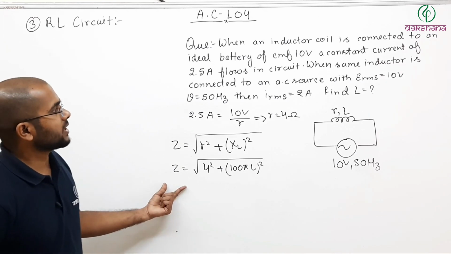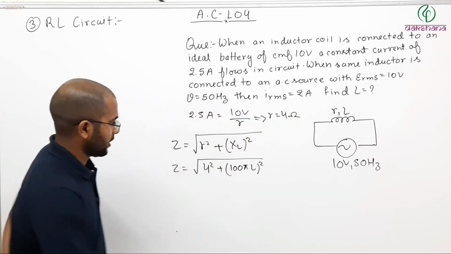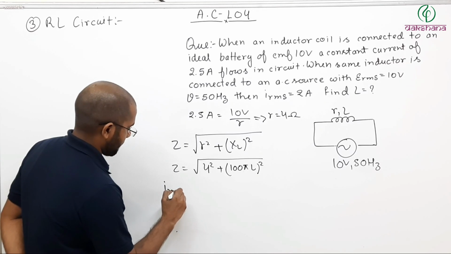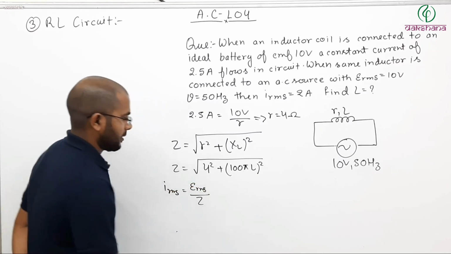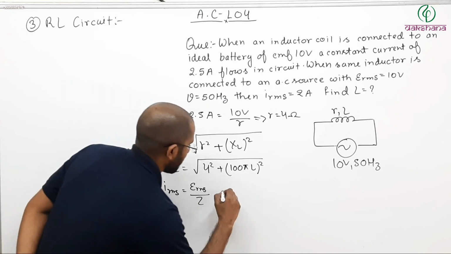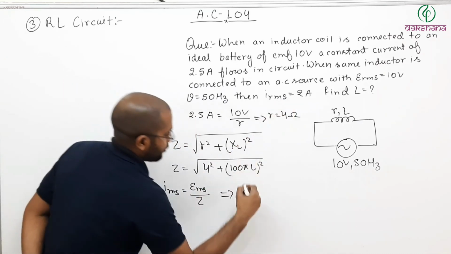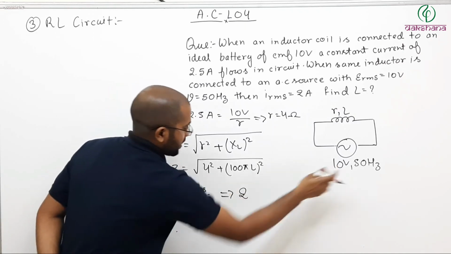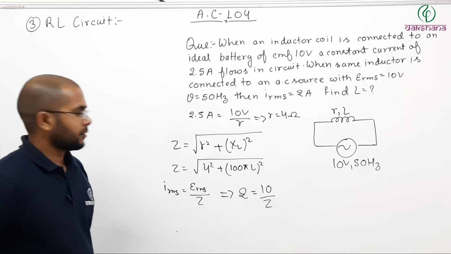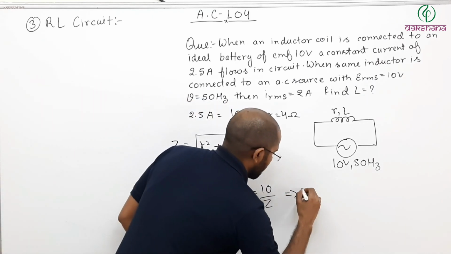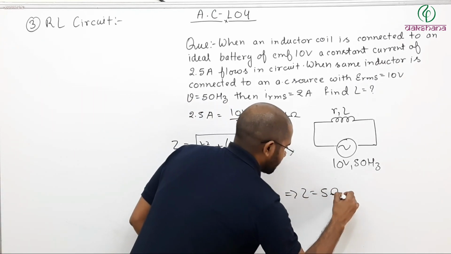And if this is Z, what is IRMS? IRMS is 2 ampere, and IRMS is nothing but ERMS divided by Z. So from here you can write IRMS 2 ampere, ERMS 10 divided by Z. So from here you will get Z equals 5 ohm.